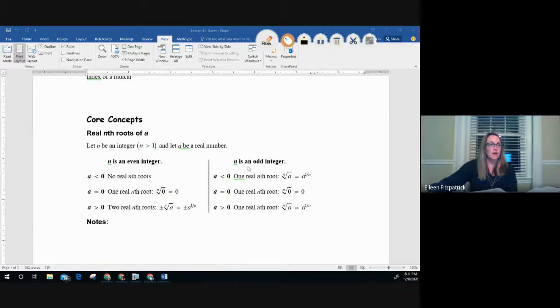If n is an odd integer and a is less than 0, you're going to have one real nth root. If a is equal to 0, you'll have one real nth root. And if a is greater than 0, you'll have one real nth root. So I'm going to be referring to this information as we move forward with the next set of problems we're going to look at. So let's jump to the next page.